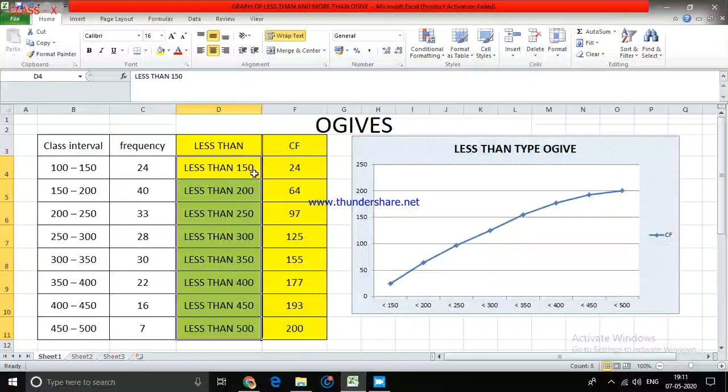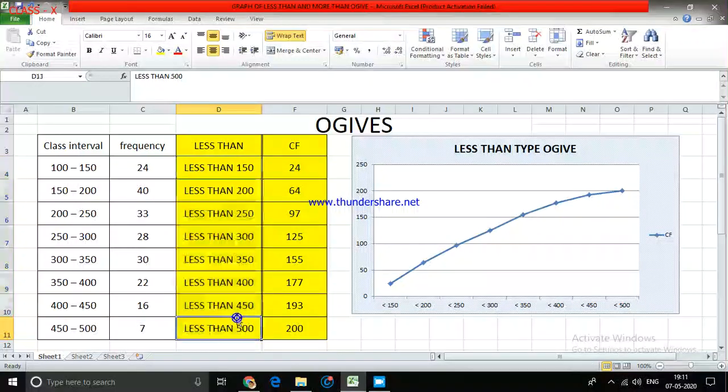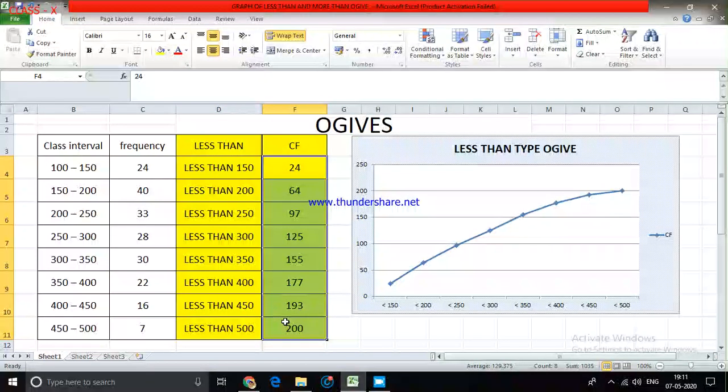It starts from 150, 200, 250, 300, 350, 400, 450, 500. The same thing I have considered on the x-axis. The x-axis depends totally on these numbers, and the scale on the y-axis you can decide as per the cumulative frequency.